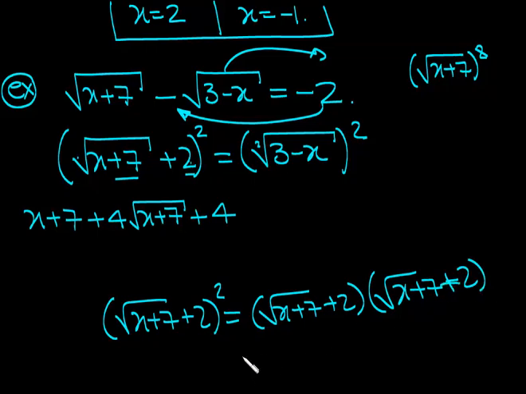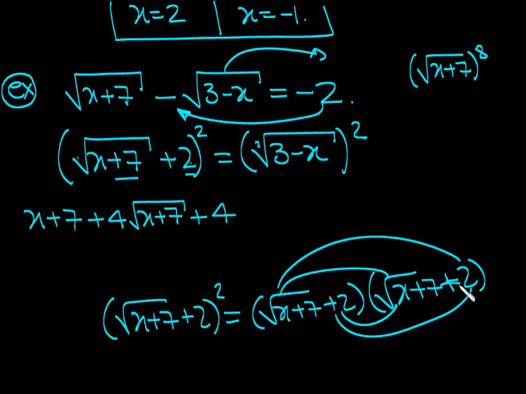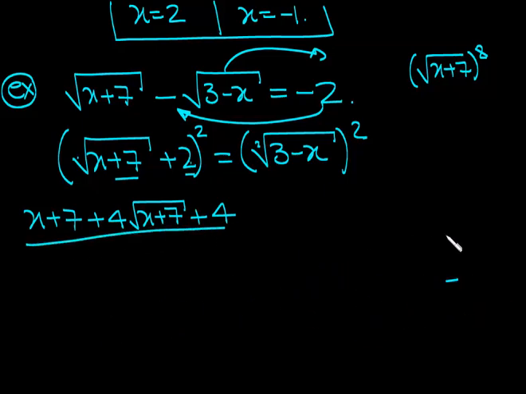You could have done this on the side. You could have distributed this, then distributed this, collect all the terms, and you would end up with this. So if you don't remember the formula, we can still do that. So don't forget those options you have. Out here, when I square the right hand side, we just get 3 minus x.